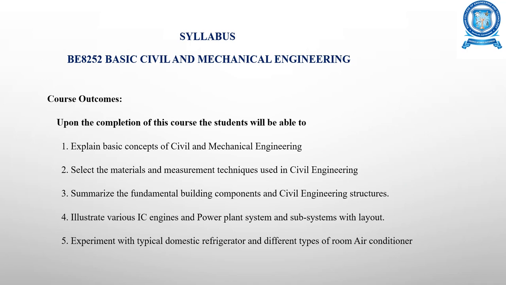So the course outcomes. Upon completion of this course, the students will be able to explain basic concepts of civil and mechanical engineering from Unit 1, and from Unit 2 the students will be able to select the materials and measurement techniques used in civil engineering, and from Unit 3 the students will be able to summarize the fundamental building components and the civil engineering structures, and from the 4th unit the students will be able to illustrate various IC engines, that is internal combustion engines, and power plant systems and subsystems with layout.